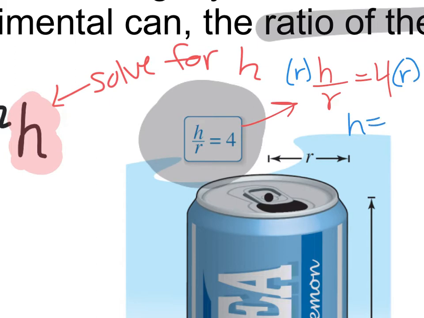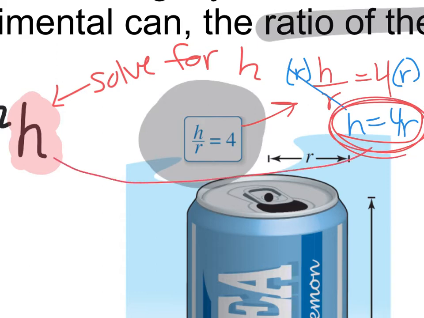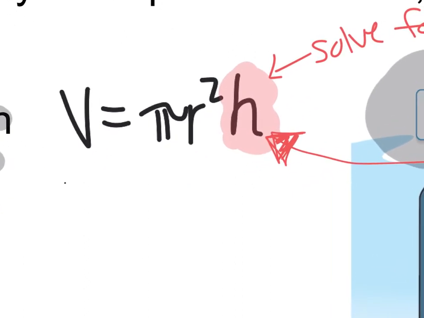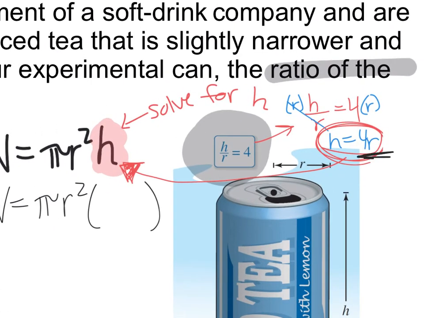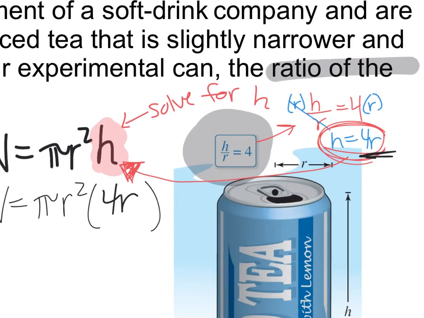So we get h equals 4 times r. Now we're going to substitute this in for h, because we only want an r in our equation. So we keep the pi, we keep the r squared, and instead of h, we put 4r, because that's what it's equal to.